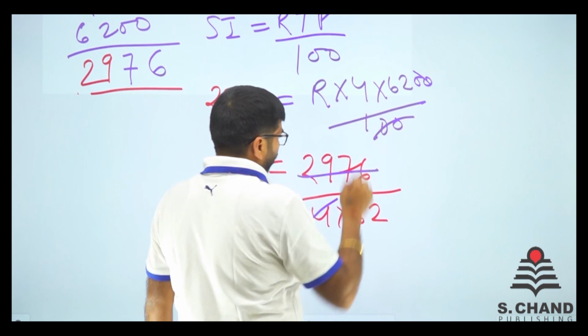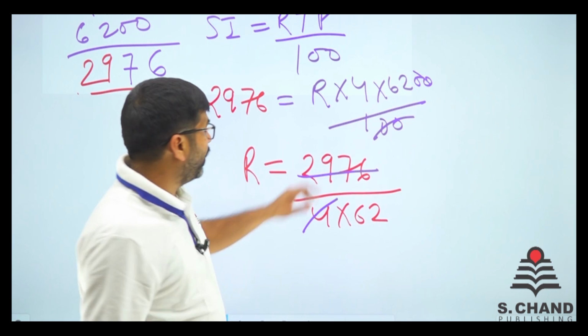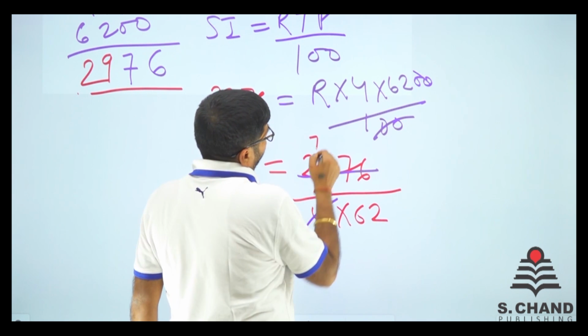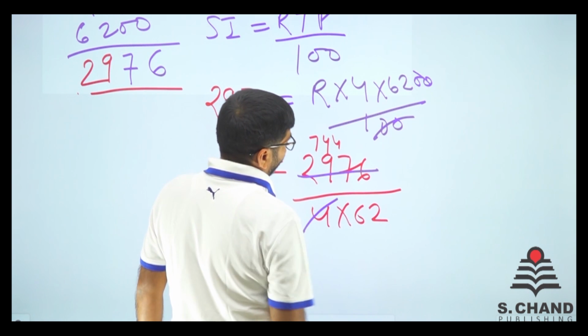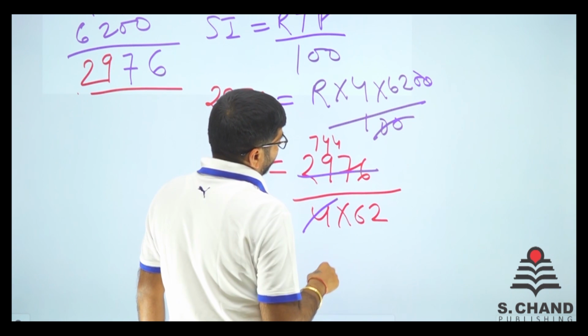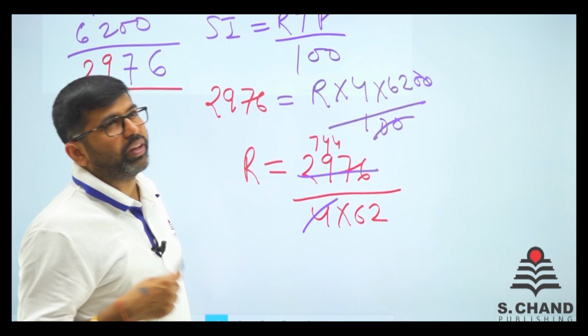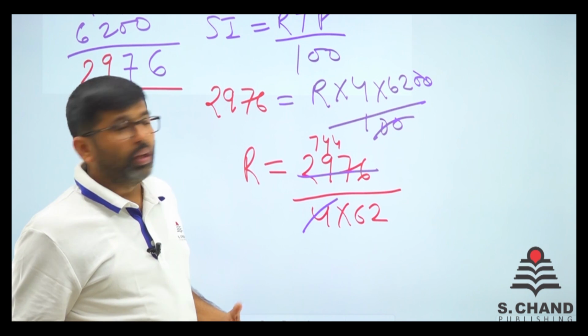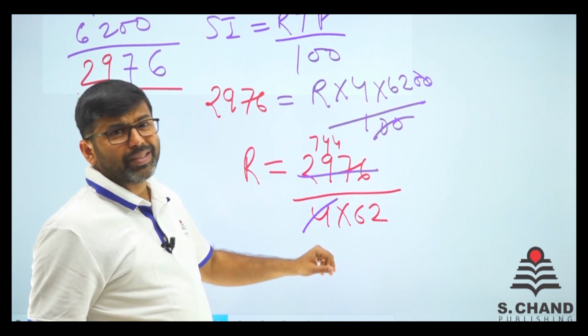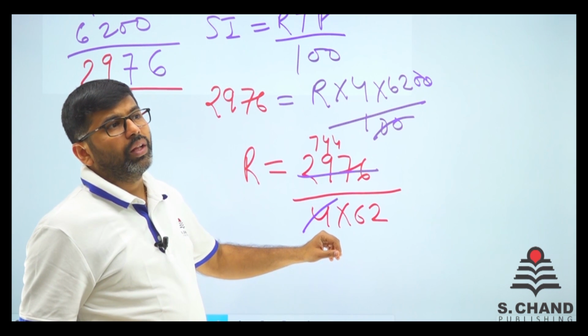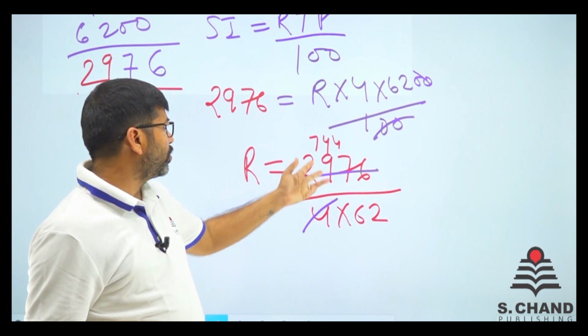Just calculate 4 times. So this 4 times when you calculate this, 7 is 28, 17 is 4 times 16, 744. Now 744, 62. 62 into 10 is 620, 10 times. Then we have got 124 left. 62 into 2 is 124.